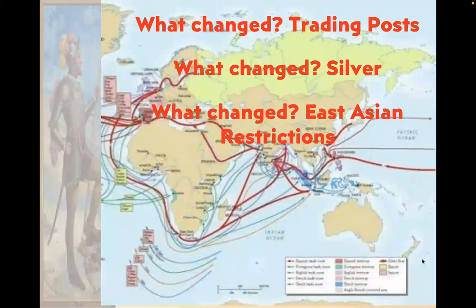And then finally, we begin to see some pullback. Both Ming and Qing China and Tokugawa Japan begin to feel very threatened by the Europeans. And they take steps to first restrict, and then in the case of Japan, totally close themselves from the outside.